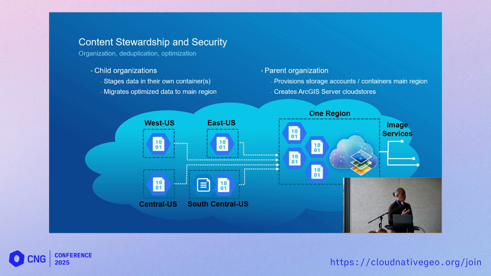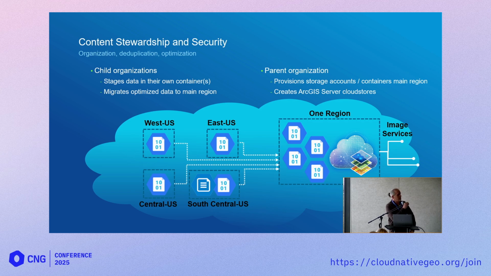So one way that works really well is different regions where they operate as child orgs, managing that data in their own containers and in their own storage accounts. They, as part of this curation and content stewardship, organize, deduplicate. They look for that greatest harmony of versatility and optimization.